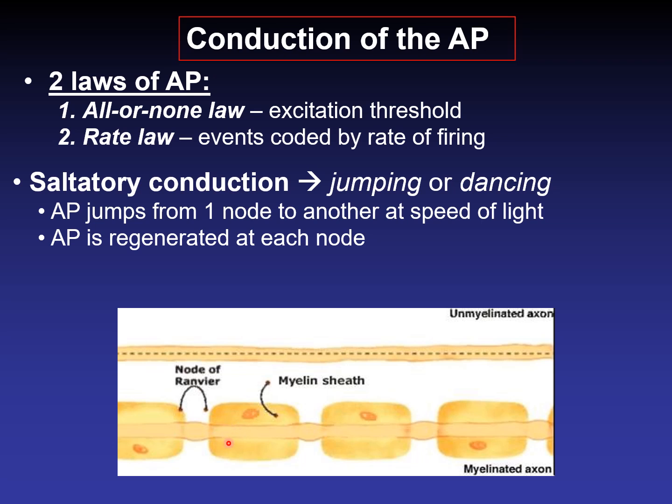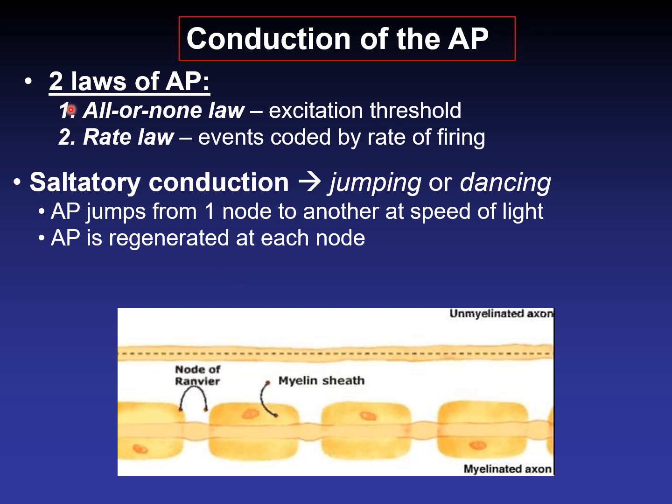However, there is no leakage in the myelinated segments, which means in the myelinated segments you don't need a sodium-potassium pump. Since the sodium-potassium pump requires energy, less need for sodium-potassium pumps means less need for energy. So a myelinated neuron not only conducts an action potential faster, but it does so using less energy compared to an unmyelinated neuron.